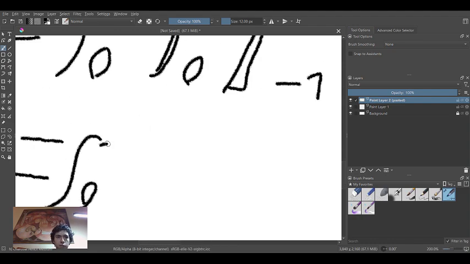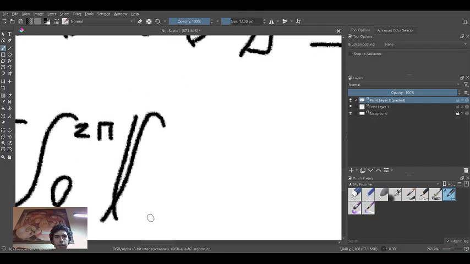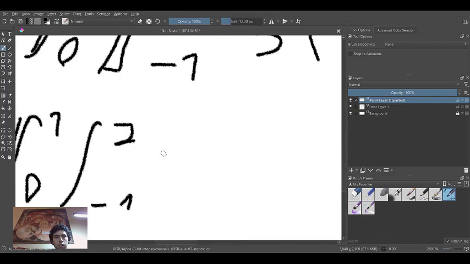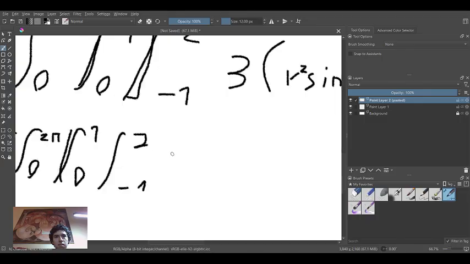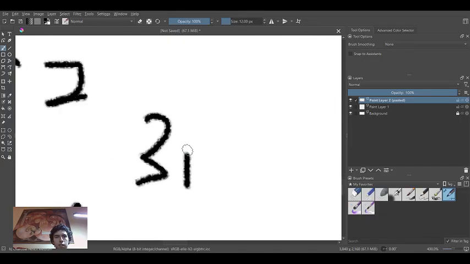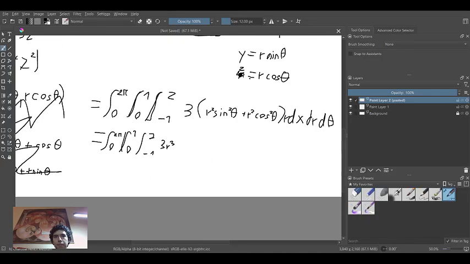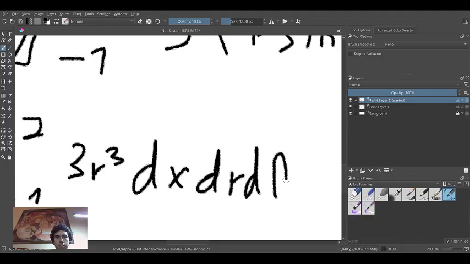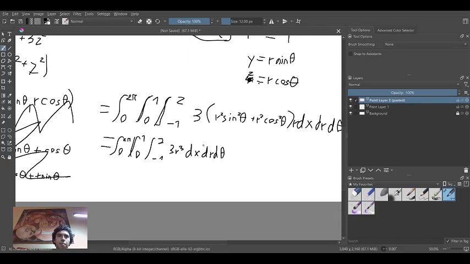Integral from 0 to 2 pi, 0 to 1, integral from -1 to 2, and here we have 3r to the 3, dx dr d theta. And we can separate this, because there's only r here.